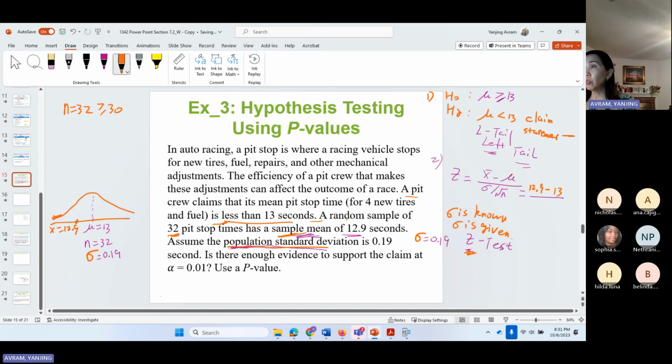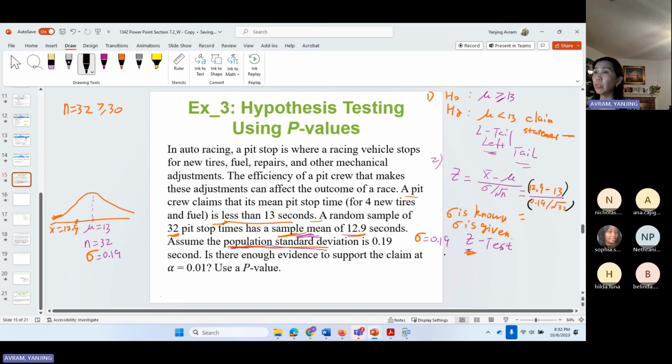You choose a random sample of 32 of them, and the sample mean is 12.9 seconds. The sigma here is 0.19 divided by the square root of n. N here is 32. So I'm going to calculate my z-score. Remember, when you put everything in a calculator, make sure you use parentheses.